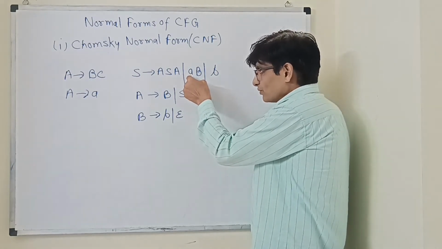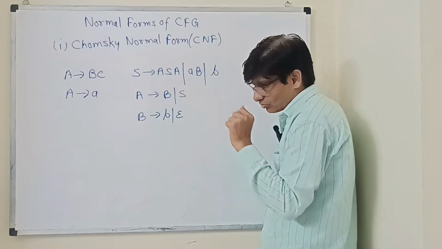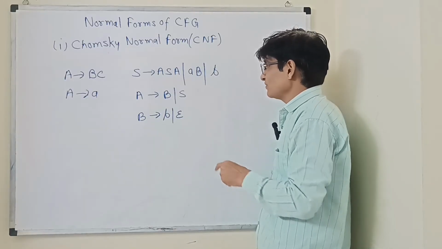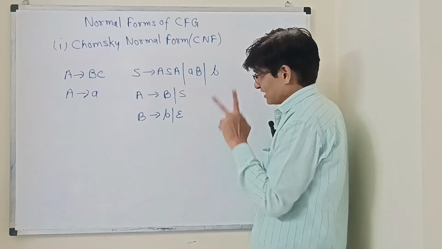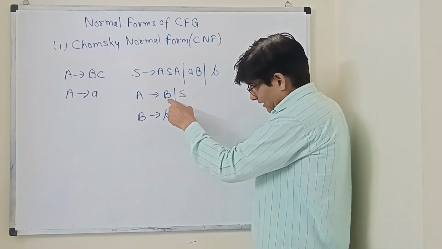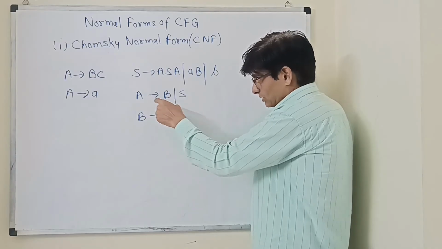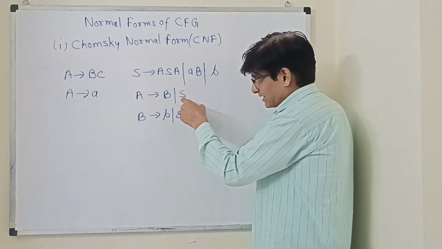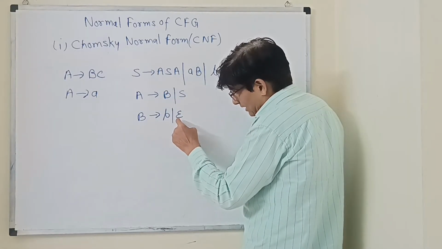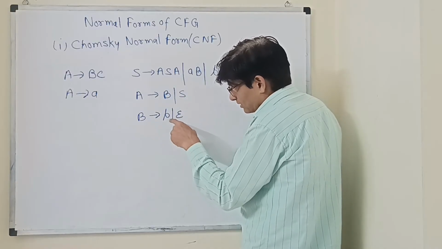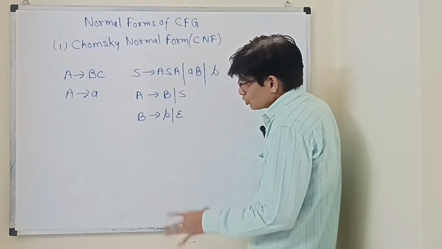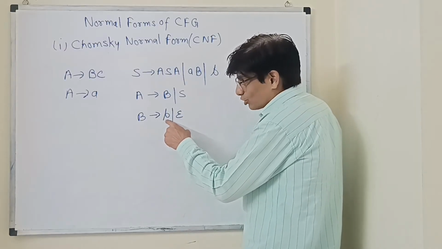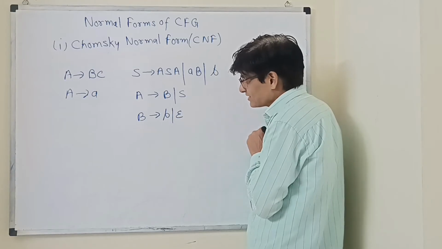This production has one terminal and one variable, which is also not allowed in CNF. This one has one terminal, which is allowed in CNF. We also have two unit productions, A gives B and A gives S. B has two productions, B gives B and B gives epsilon. This production is already in CNF, and this production is already in CNF.